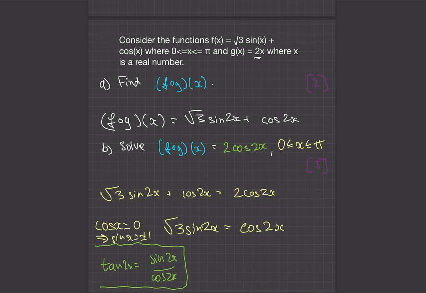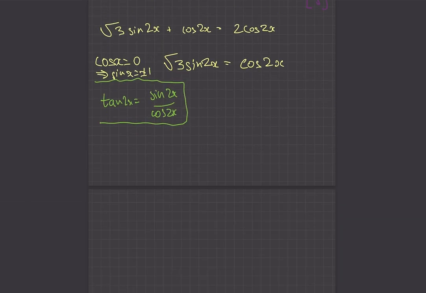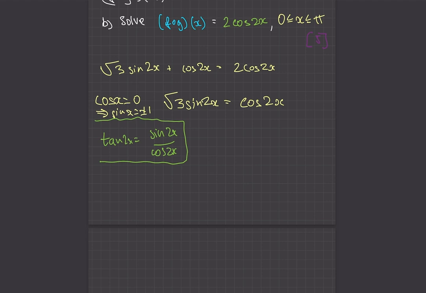So sine x is never going to be equal to cosine x when cosine is 0. So we're safe. That's just a quick check in general. If you ever divide by a variable, make sure it can't be equal to 0. So let's divide by cosine. So root 3 sine 2x over cosine 2x, we know that's root 3 tan 2x, is equal to 1.